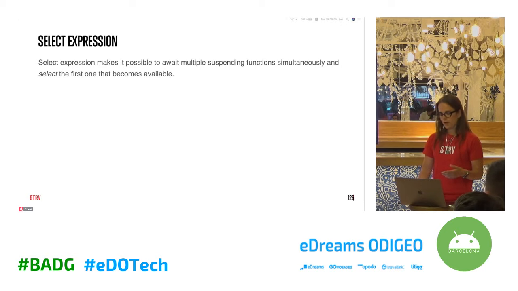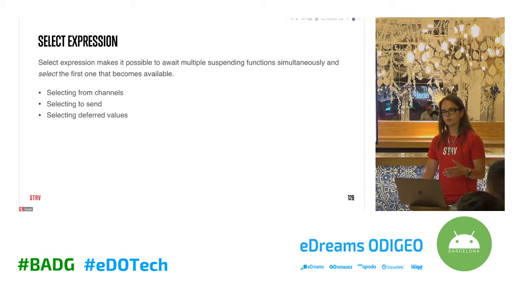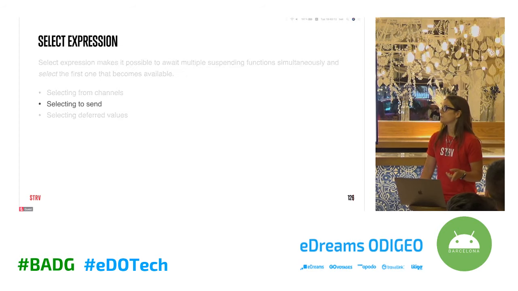By ready, I mean either channels ready to receive from, actors ready to send, and the first deferred object that becomes available with the result. And right now, I would like to focus on actors ready to send, and the rest works kind of the same way.